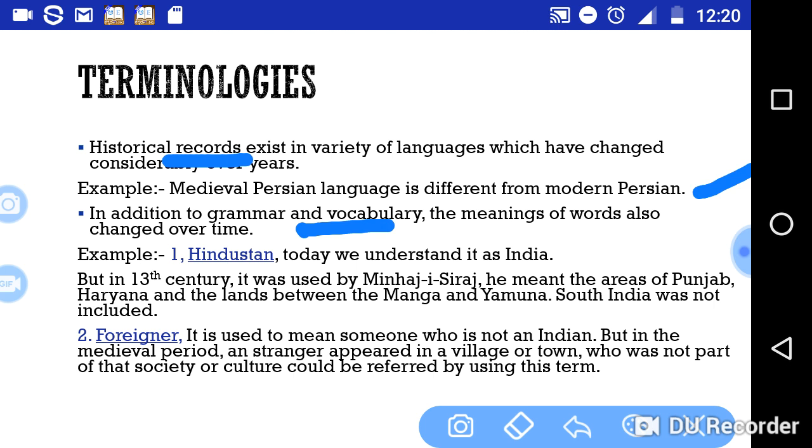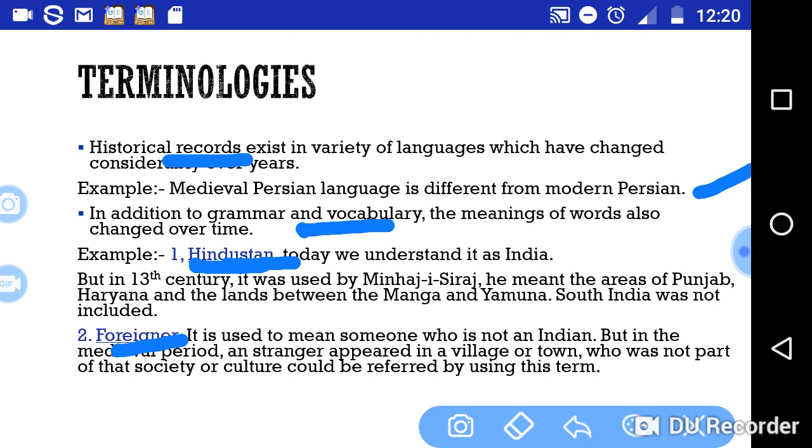Let us discuss the change in meanings by taking two words as examples. Those two words are Hindustan and foreigner. We use the word Hindustan to refer to India.